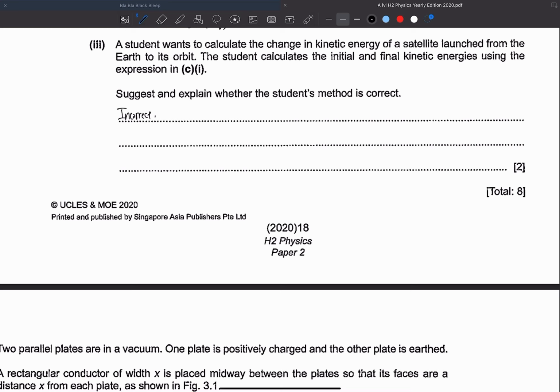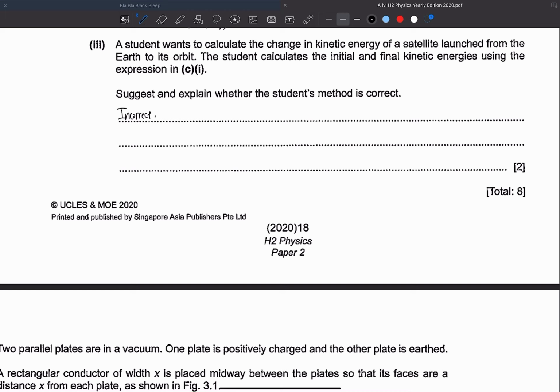The formula came from the assumption that gravitational force provides for centripetal force. And since the satellite on Earth is not undergoing circular motion due to gravitational force, this formula cannot apply.